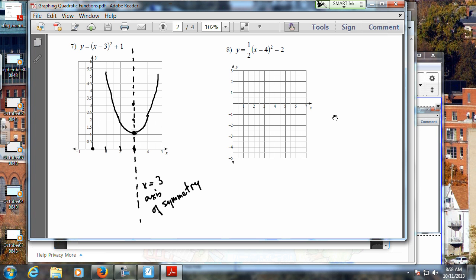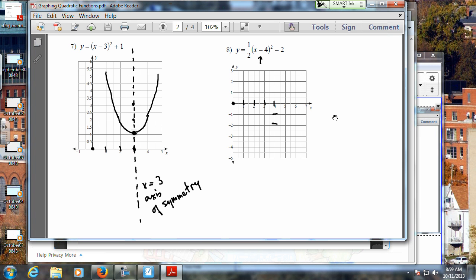Another one, the last one, 1/2 x minus 4 squared minus 2. I see 3 things that are done. X minus 4 means from the vertex at the origin, which would be for y equals x squared, x minus 4 moves me 4 units to the right. Minus 2 moves me 2 units down.